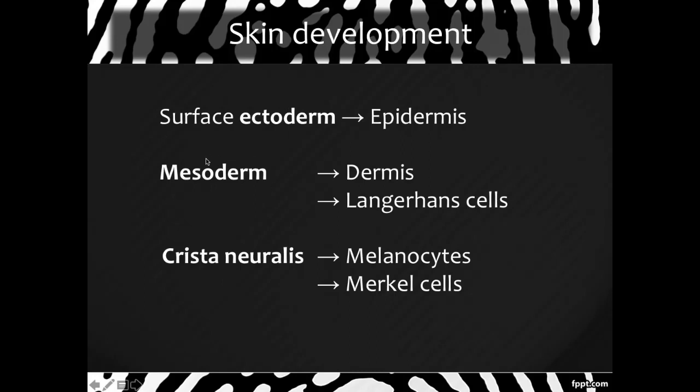Mesoderm participates in skin development through the dermis, because most of the dermis of the body comes from the lateral somatic mesoderm. But in the head region, you know that the mesenchyme is replaced by the cells of neural crests.